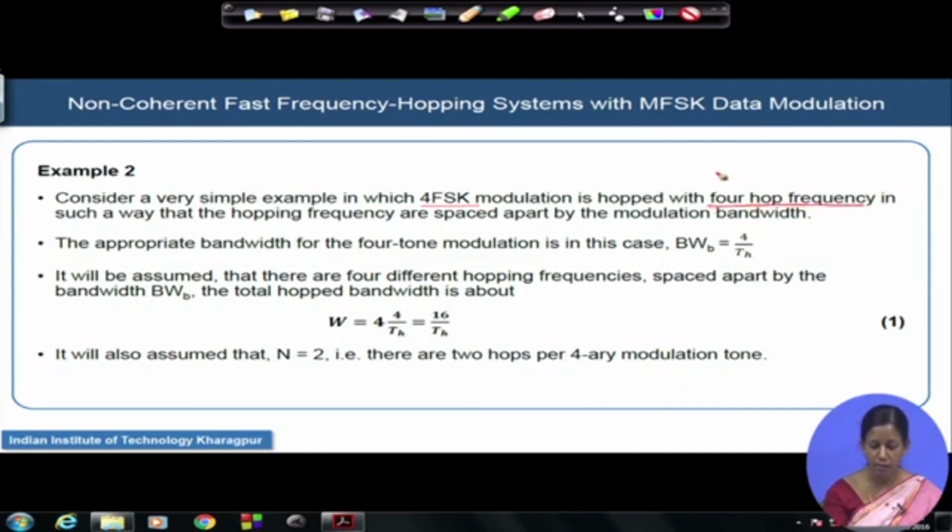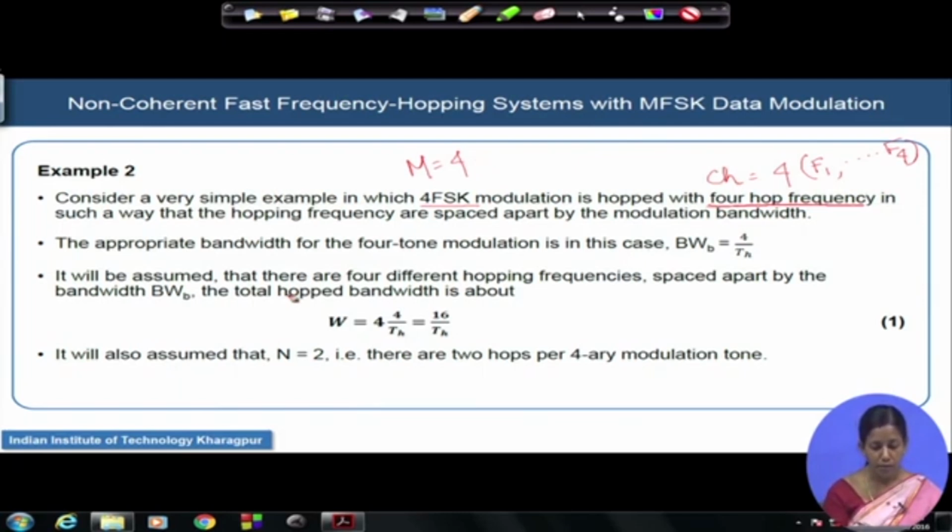So, my channel has 4 frequencies, F1, F2, F3 and F4, like the earlier slide. And here 4 FSK modulation scheme means capital M is equal to 4. I can choose any one of these frequency tones for my transmission.